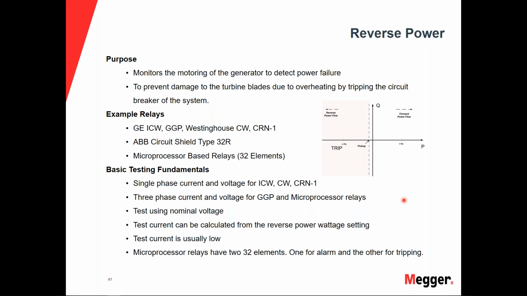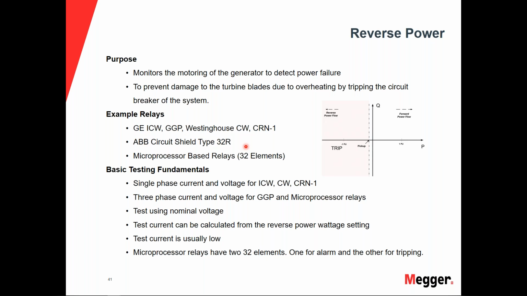We can also see in the diagram again here, there can also be a 32, which would be for power. There might also be a forward power element that could come into here as well, which would be low power. So as we're starting to get into the reverse power condition, we could also have a set point for forward power. So it'd be a 32F.